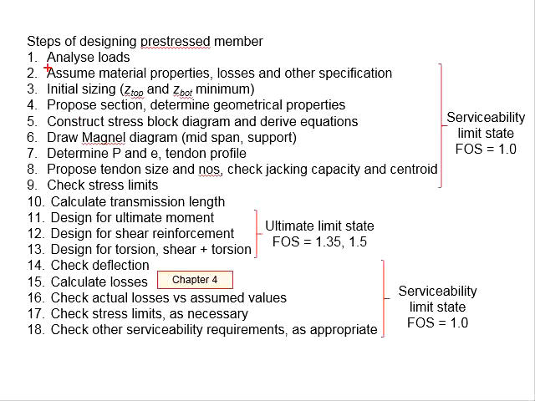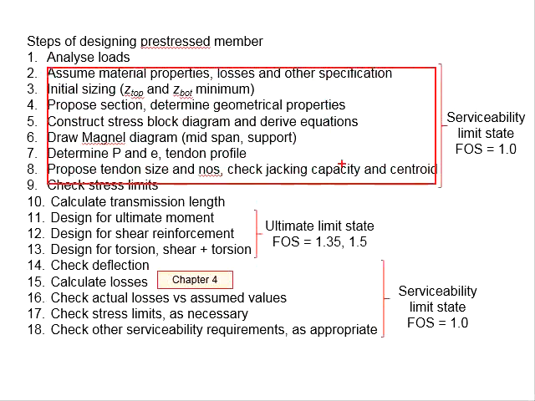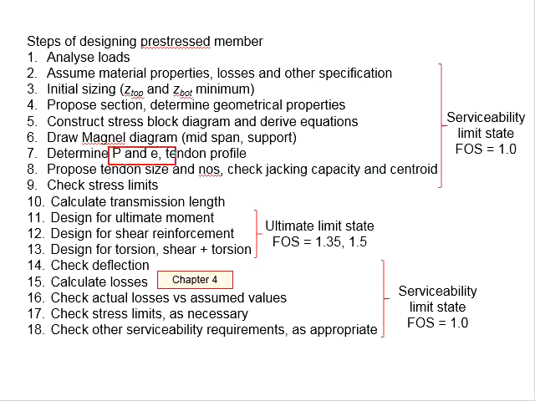With that, you will need to redo the analysis here based on the Pe and tendon profile proposed and use the appropriate values of alpha and beta. Then you check one more time for the stress limit. If the section passes, then you know that the section will be safe.